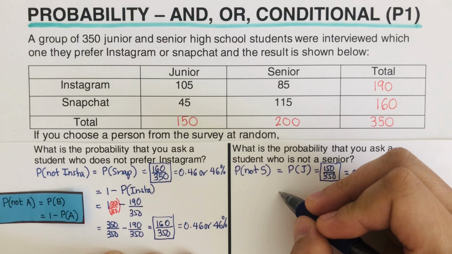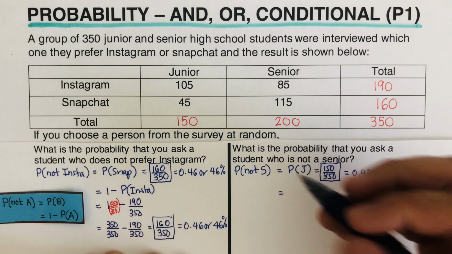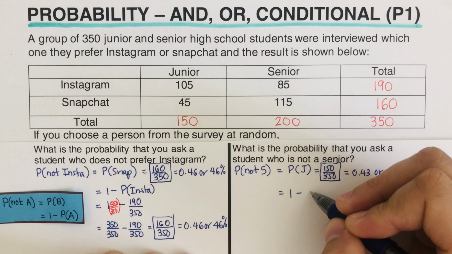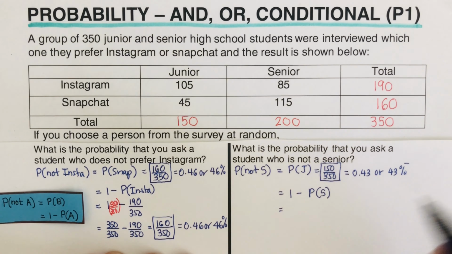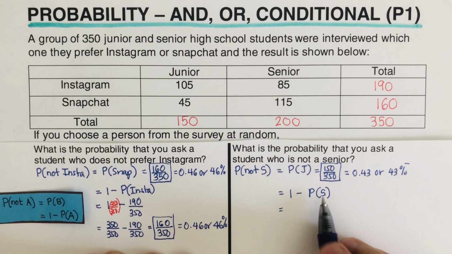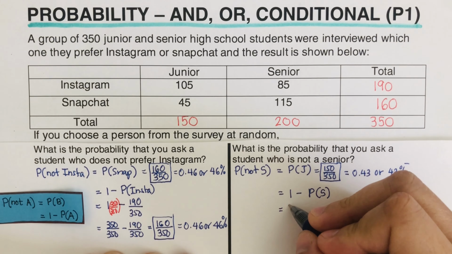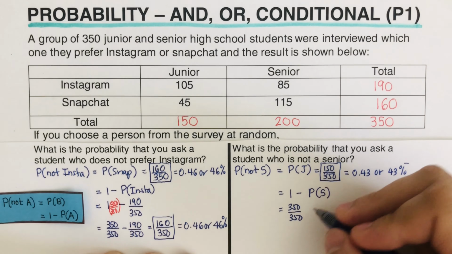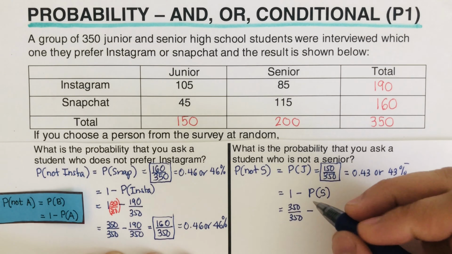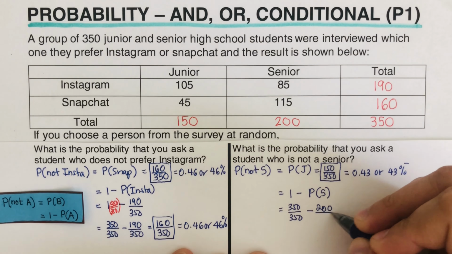Okay, so let's use the other equation as well. If it's not a senior, we say 1 minus the probability that you pick a senior, which in this problem is 200. So we do exactly the same thing. That's 350 over 350, which is 1, minus the probability that it's a senior, 200 over 350.